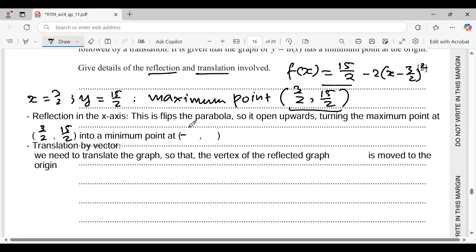The minimum point is at (-3/2, 15/2). That's about reflection. Translation by a vector: we need to translate the graph so that the vertex of the reflected graph is moved to the origin, the coordinate point (0, 0).